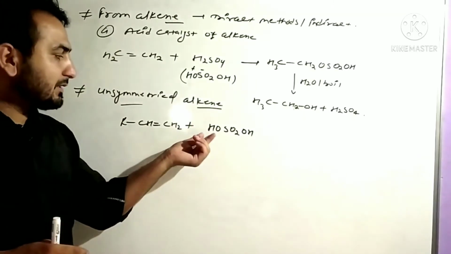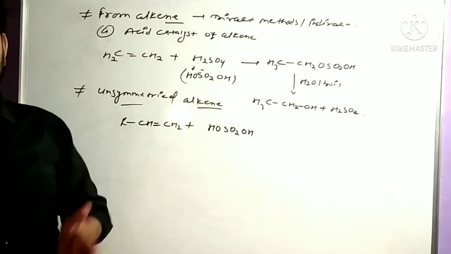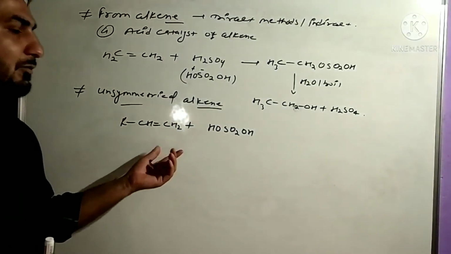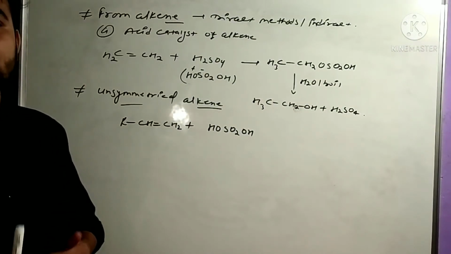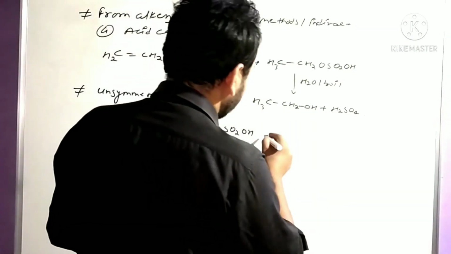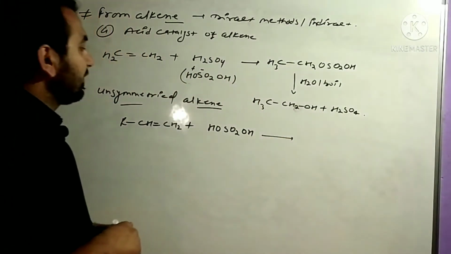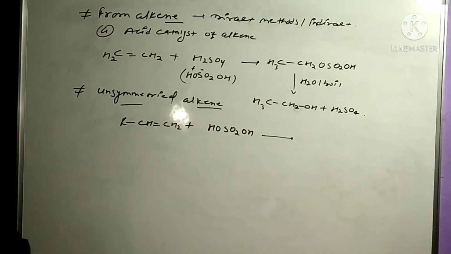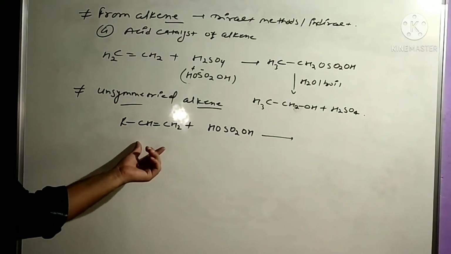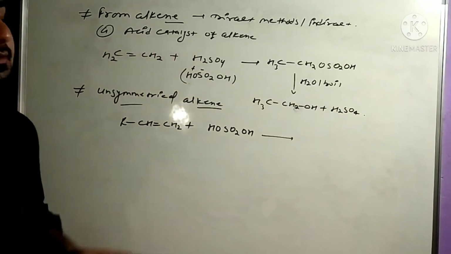The plus part is attached where you have the more number of hydrogens already present, and the negative part is attached where you have the lesser number of hydrogens. Clear? It's called the Markovnikov addition. So remember, whenever you are doing acid catalyzed hydration of any alkene, you will follow the Markovnikov addition, and this is called the direct method.